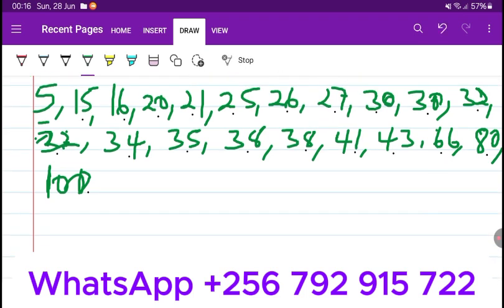Let's add 131 there, so that they are now 22. Now they are 22, and we want to know the middle point.